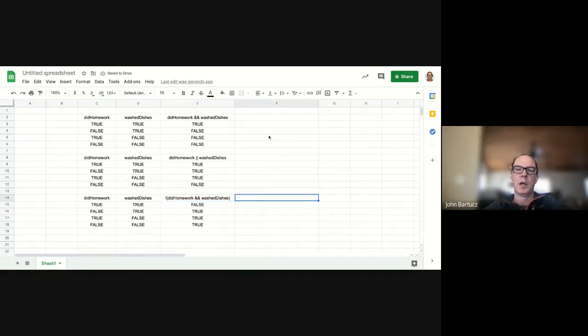And this guy De Morgan figured out that not did homework and wash dishes is the same thing as not did homework or not washed dishes. And it's literally, you end up with the same truth table.